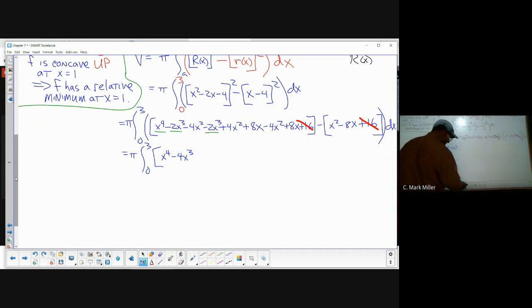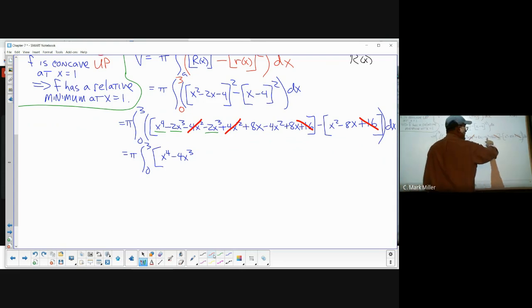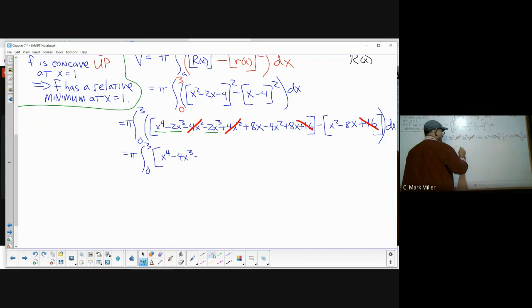Oh, we get some canceling. Here's a minus 4x squared. There's a plus 4x squared. Well, I have some more x squareds later, but let's at least do those. Then I have a minus 4x squared, another minus 4x squared, and then a minus x squared in the last term. That's a minus 5x squared.